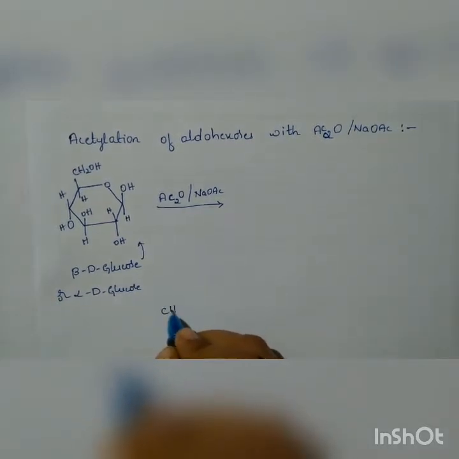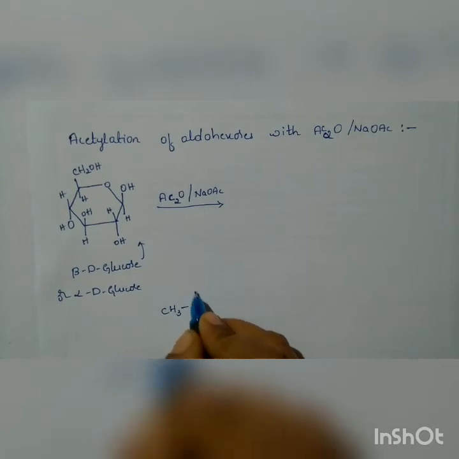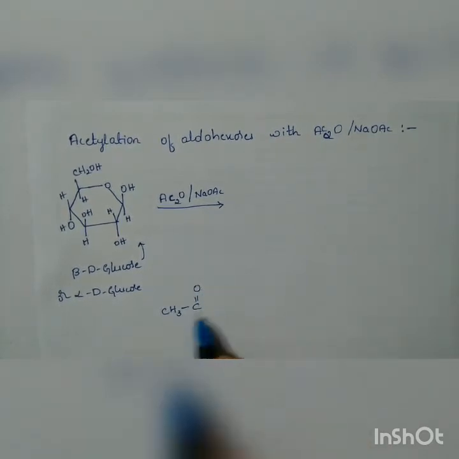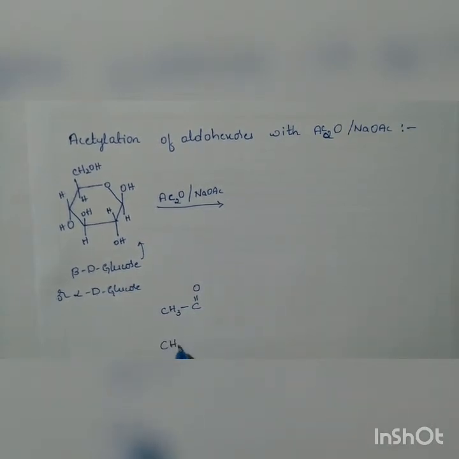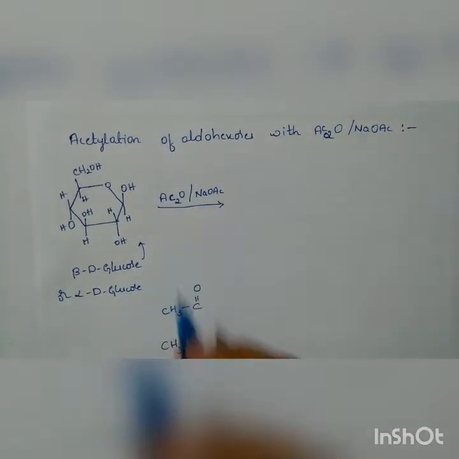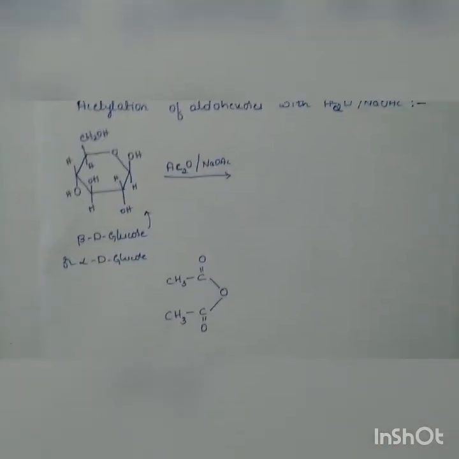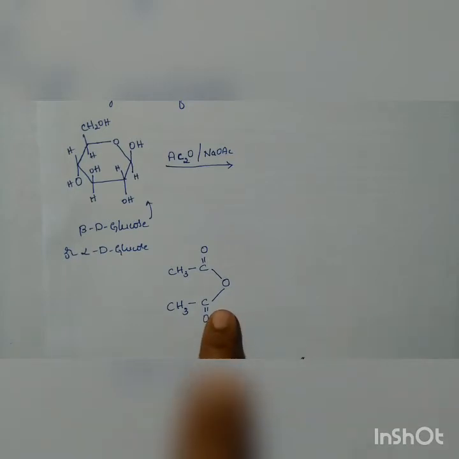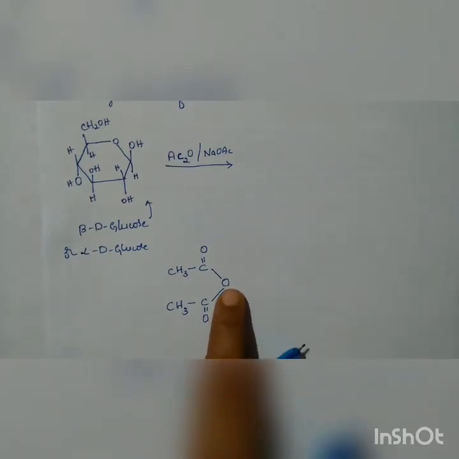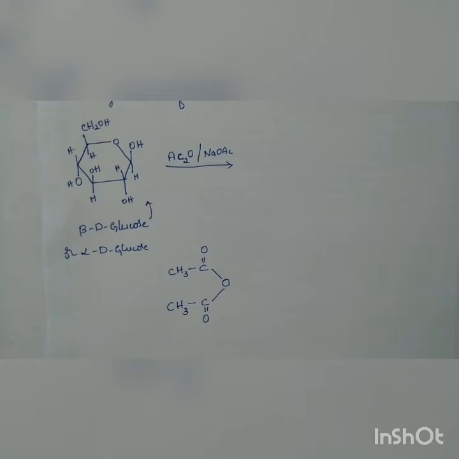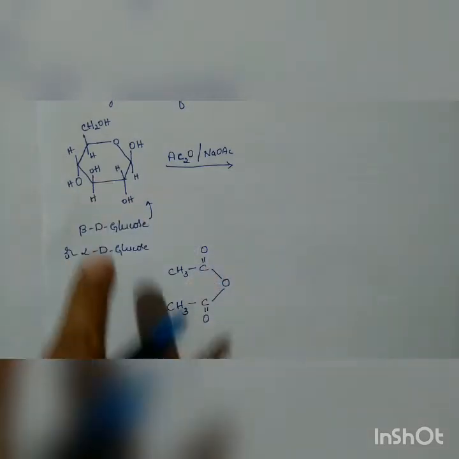Acetic anhydride is CH3C double bond O, and this is what the acetyl group is. Twice there are acetyl groups, CH3C double bond O, both bonded through an oxygen atom. That is what is called the acetic anhydride group. Now it reacts with glucose.